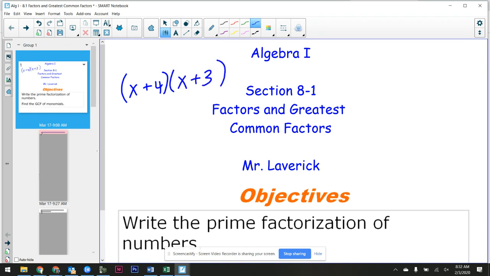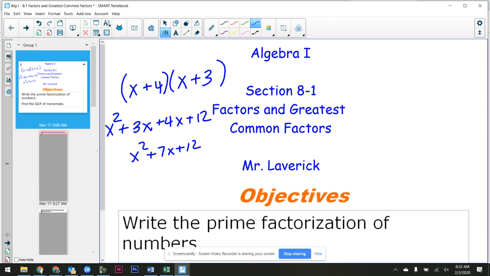FOIL, right? It's basically the big distributive property. First is an x squared, plus outer is a 3x, plus inner is a 4x, plus last, 4 times 3 is 12. Then we combined like terms in the middle and said x plus 4 times x plus 3 would be x squared plus 7x plus 12. That was one of the big things that we learned in chapter 7.